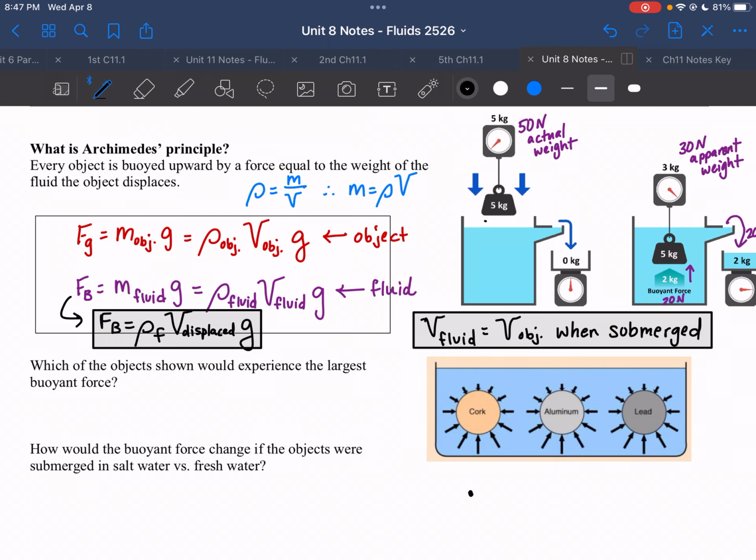The cork and all these objects are in the same exact place. So if we're dealing with the buoyant force, we are looking at the density of not the object, but the density of the fluid.